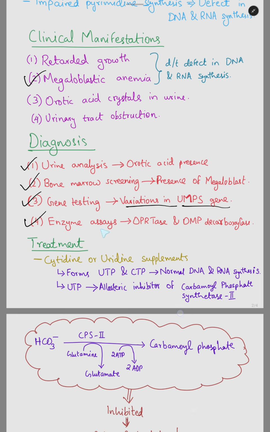Enzyme assay for OPRTase, or orotate phosphoribosyl transferase, and orotidine monophosphate decarboxylase, that is OMP decarboxylase. Okay, so these are about the diagnosis of orotic aciduria.